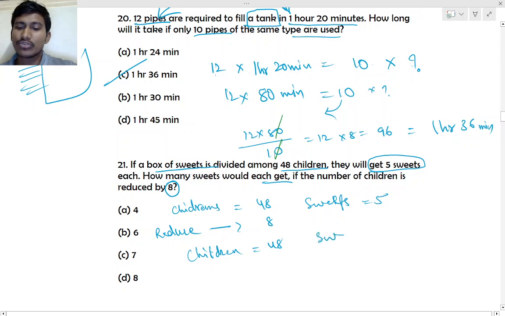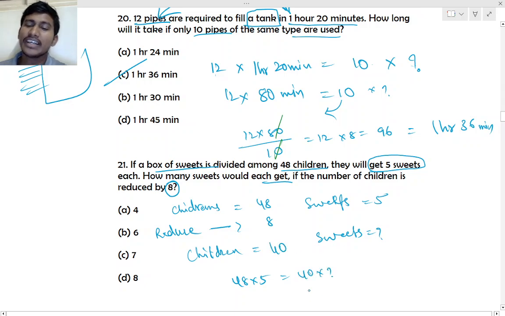And we have to find the sweets. We multiply: 48 into 5 is equal to 40 into how much? Multiply 48 and 5, and since 8 are reduced, you minus it and get 40 children.